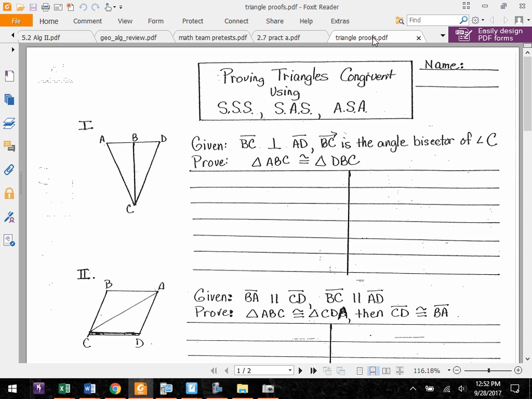They kind of work out to be your how-to sheet, like the instruction manual, if you will. What overwhelms students most of the time is when they see something like, BC is perpendicular to AD and BC is the angle bisector of angle C, prove the two triangles are congruent. People see all that information and they're like, what?